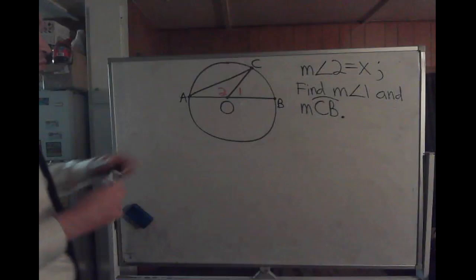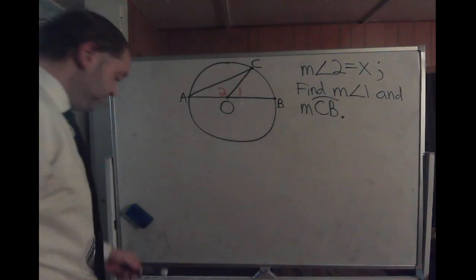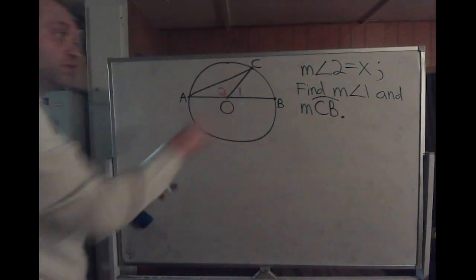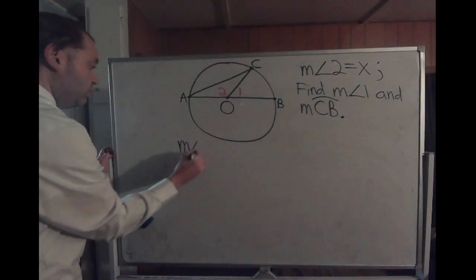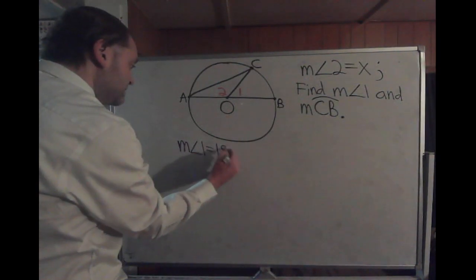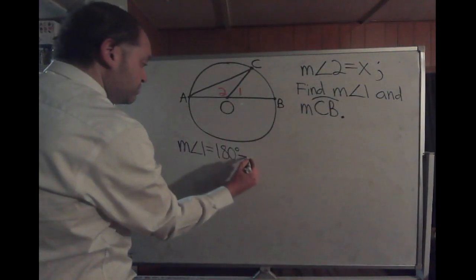Okay, so we have the measure of angle 2, a central angle, is x. Again, looking at this, 1 and 2 together form a 180 degree angle, right? So to find the measure of angle 1, you're just going to take 180 degrees minus the measure of angle 2, which would just be x.